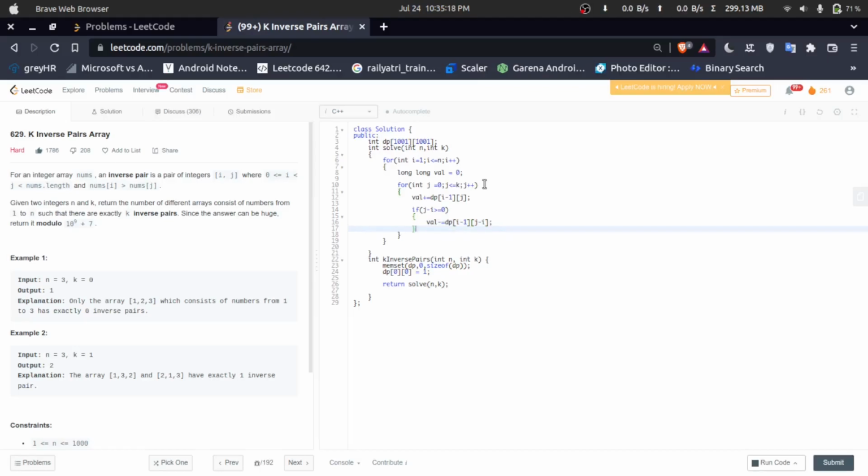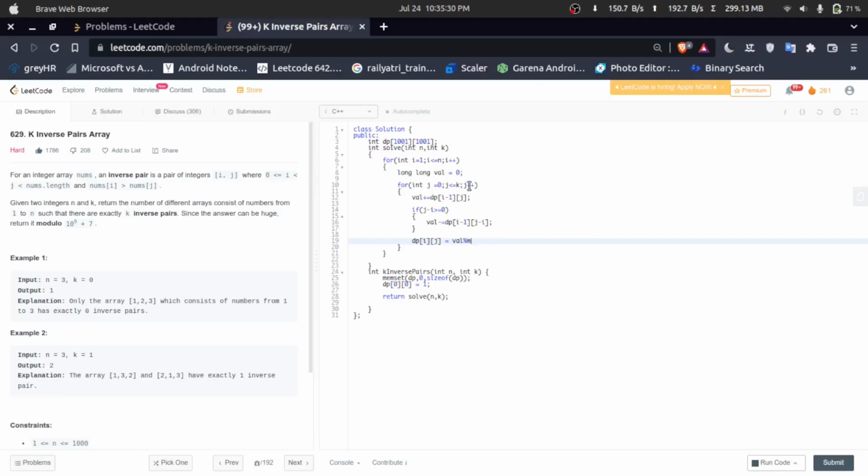After that I will insert that value into the dp array, so dp of i is val modulo mod.